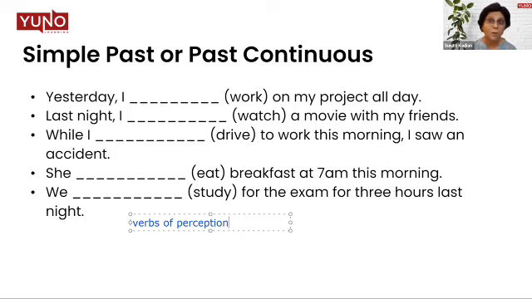I was hearing, that means all the time it was a non-stop kind of thing. But I heard a sound that something was wrong, right? It was a disease then. So the meaning changes, everything changes. So verbs of perception, senses, be very careful. This is a common mistake.